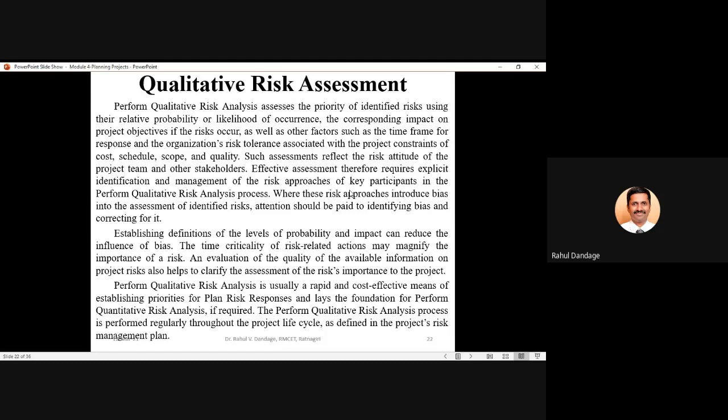Attention should be paid to identifying the bias and correcting for it. Establishing definitions of the levels of probability and impact can reduce the influence of bias.